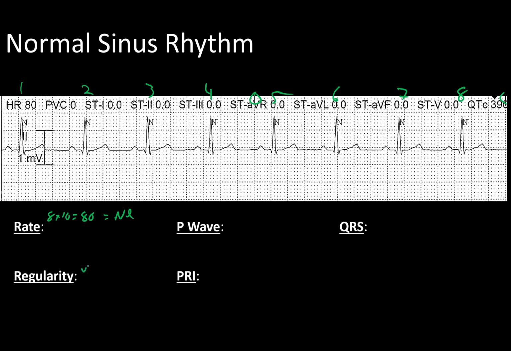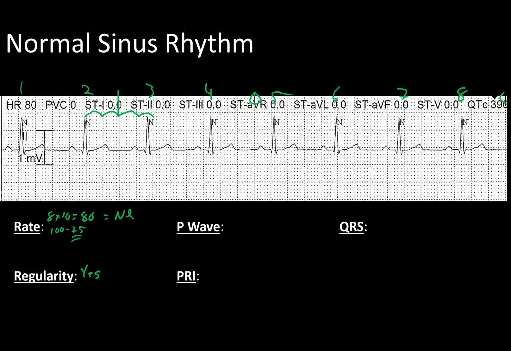Are we regular? Yes. So let's go ahead and try our bounce method again, and we'll go 300, 150, 175. So we're between 100 and 75, but we're closer to 75.